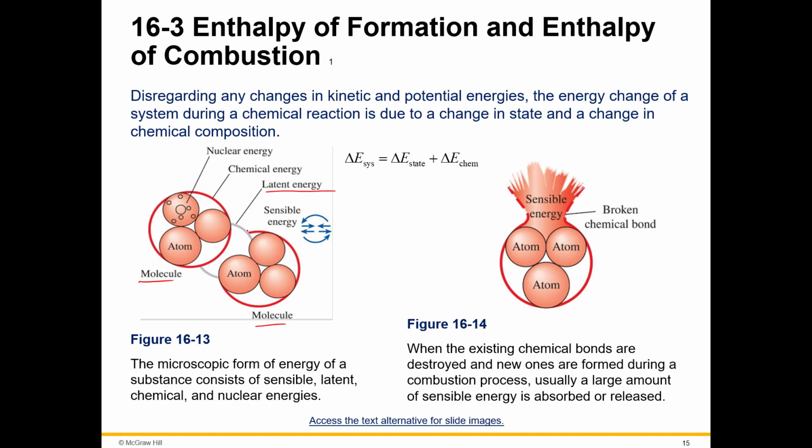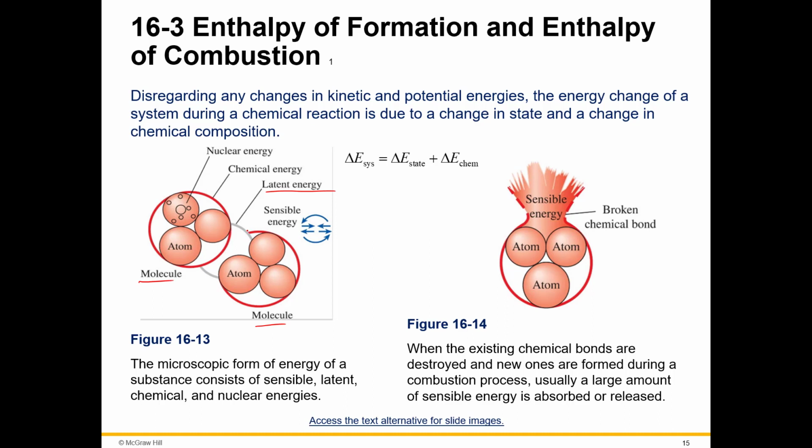The microscopic form of energy of a substance consists of sensible, latent, chemical, and nuclear energies. We briefly talked about that, but not too much. And then when the existing chemical bonds are destroyed and new ones are formed, it's being changed on a molecular level, right? So remember when we were talking about a book, and we're holding it and we drop it, and that potential energy changes to kinetic energy, right?